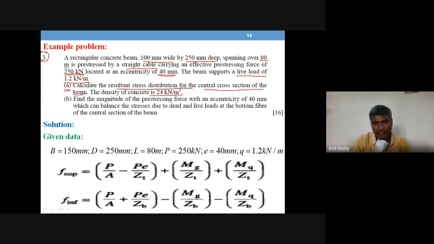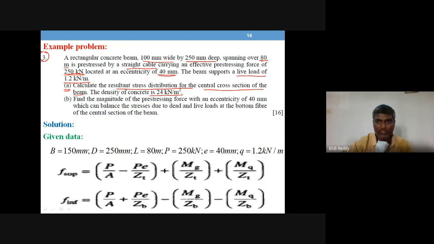You always need to remember this value of gamma for future use: 24 kilonewton per meter cube is the density of concrete.